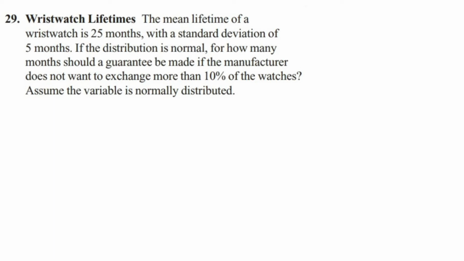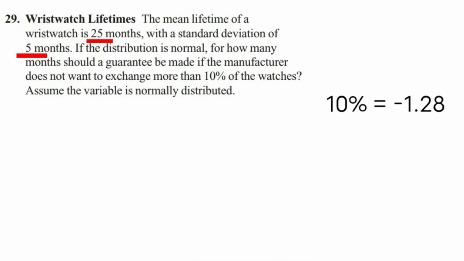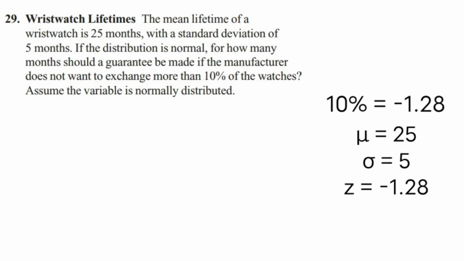By simply looking at the question, it's given that our mean is 25 and the standard deviation is 5. So using the distribution table, 10% or 0.10 is equal to negative 1.28. Since we now have the values of mean, standard deviation, and z-value, we can now look for the value of x.